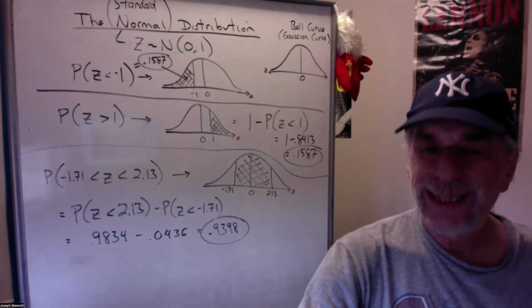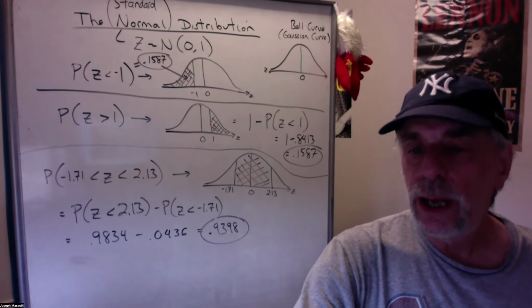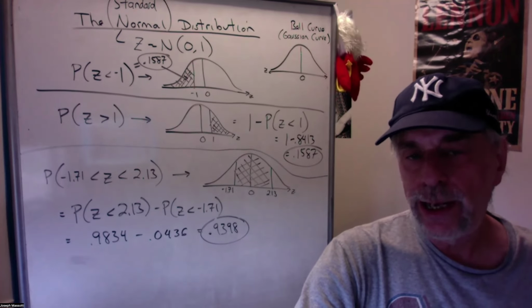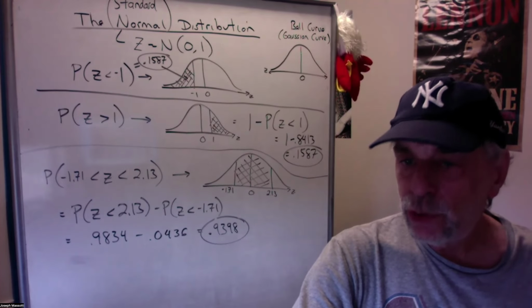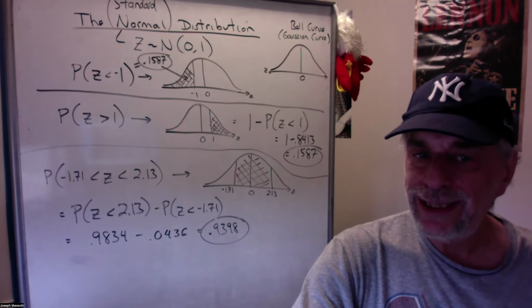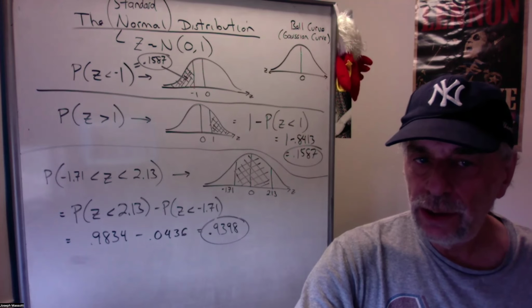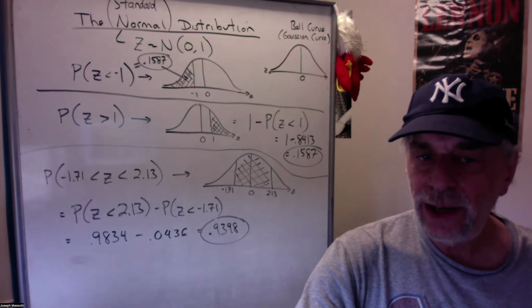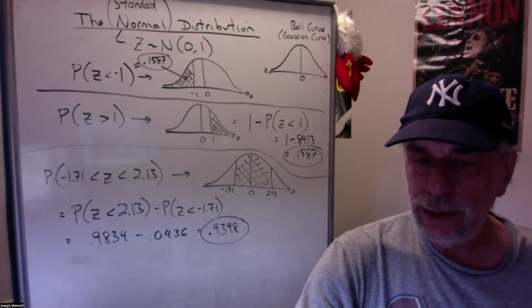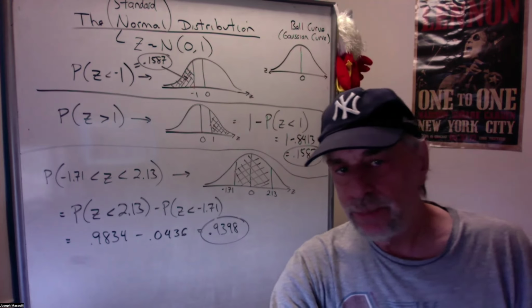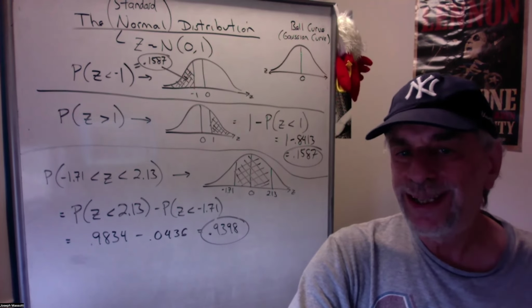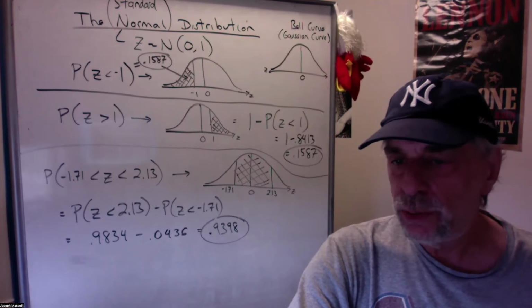All right, so standard normal distribution. I'm going to give you this table that we're looking at, and you want to be able to read it to find probabilities less than any z value, greater than any z value, or between two z values. All right, so this is an introduction to the standard normal distribution.